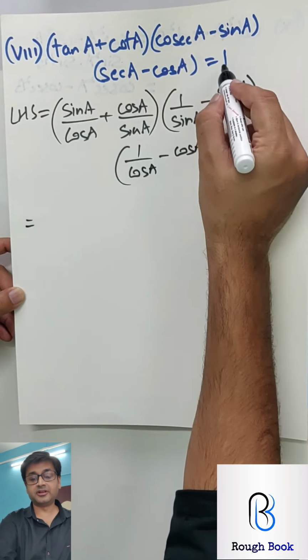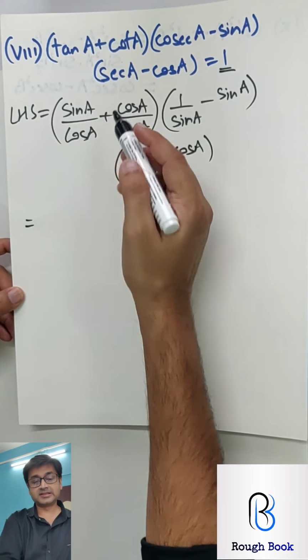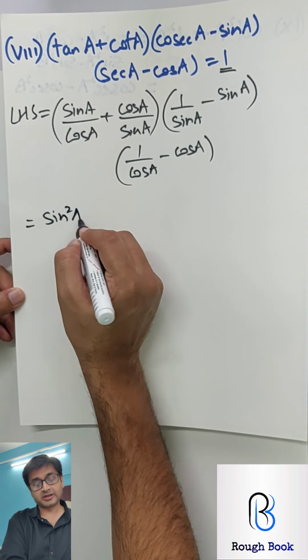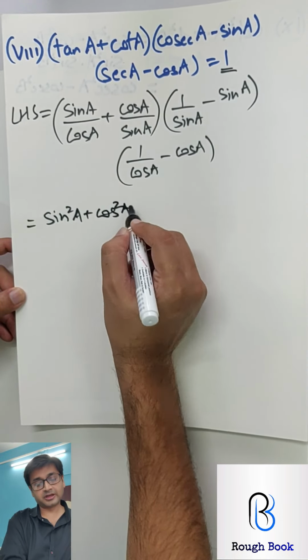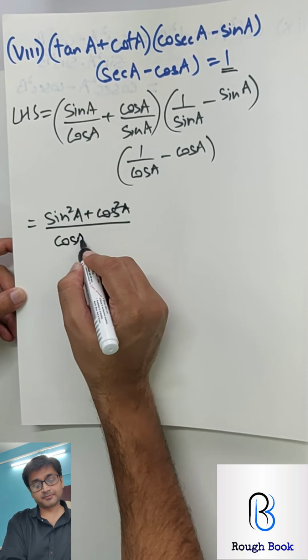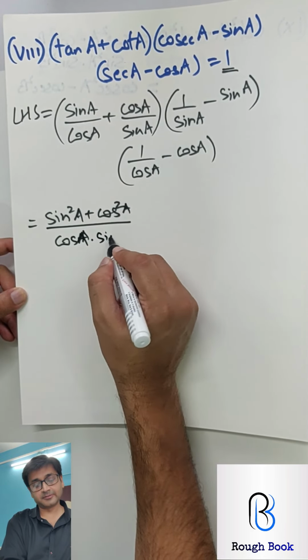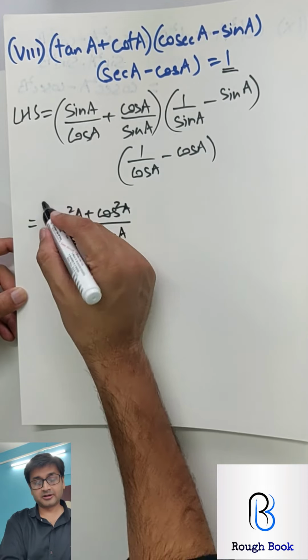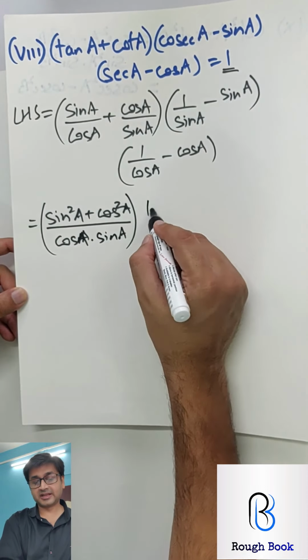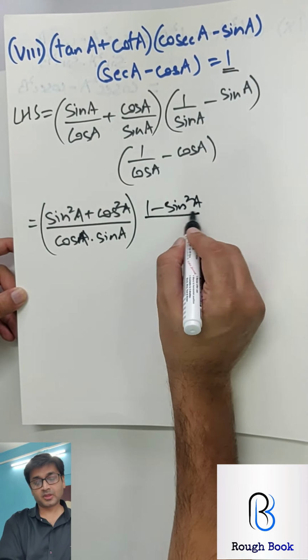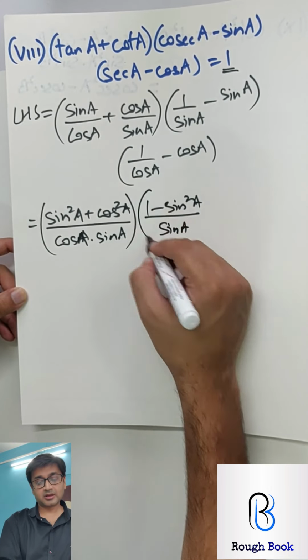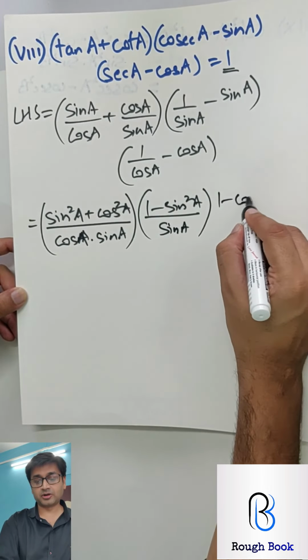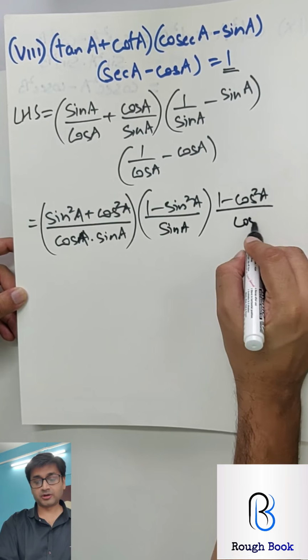You have to convert everything as 1. So LCM here I will get sine square A plus cos square A upon cos A into sine A. Another bracket, 1 minus sine square upon sine A. And the last bracket, 1 minus cos square upon cos A.